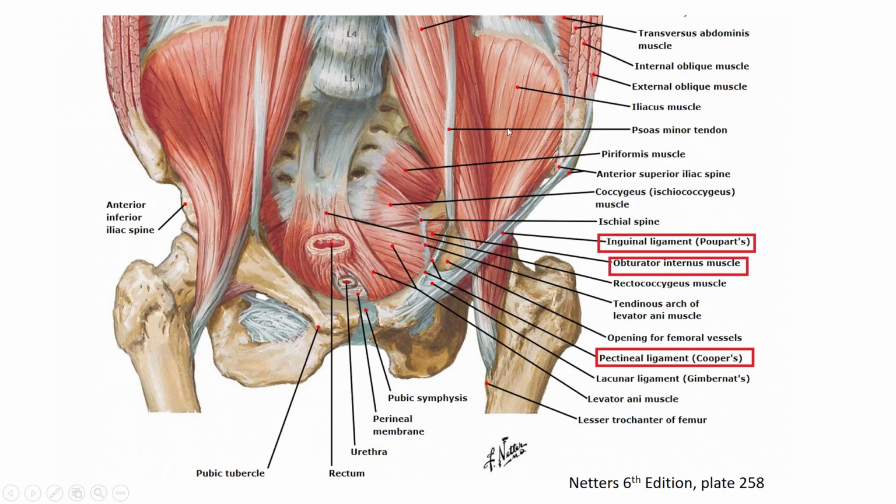And then another nice view of the iliacus and the psoas as they come down, and right about at the femoral head, that's when they become the iliopsoas. So when you're looking for landmarks, look for the femoral head, and that's when you'll see just one muscle, and it becomes the iliopsoas.